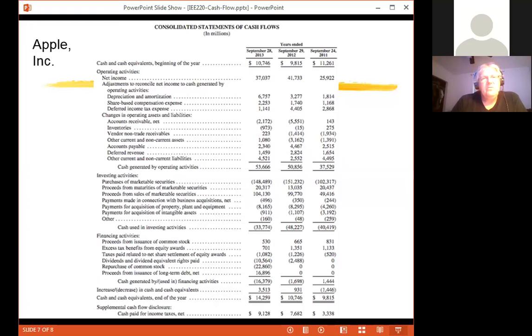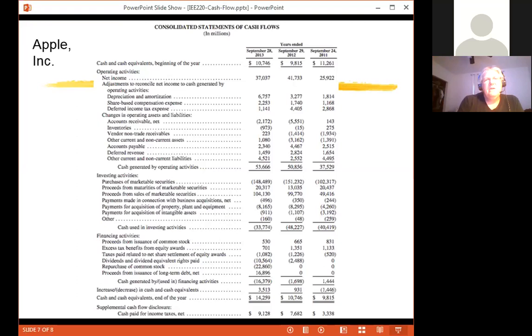Then things that they do for investing, so that they purchased other companies. They say purchase of marketable securities. Apple has a tendency to buy little companies that they think will perform well or fit well in their business model. They're developing a product that they would like to market later on. So purchasing of marketable securities is frequently purchasing a company or companies.